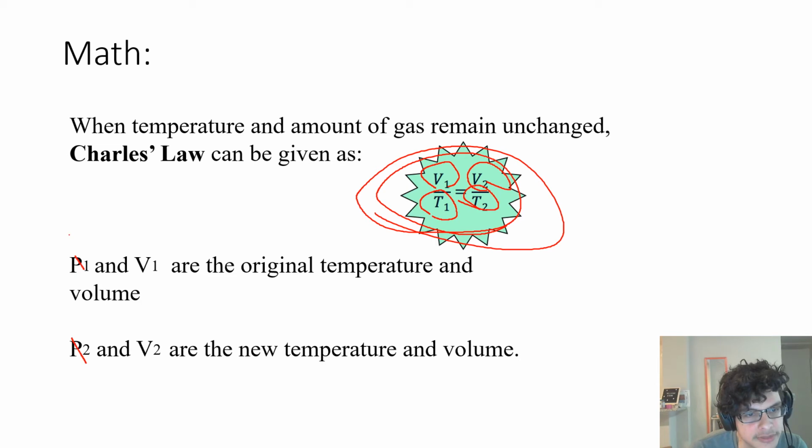Sorry, these are supposed to be temperature and volume. So for example, V1 is the initial volume, V2 is the final volume, T1 is the initial temperature, T2 is the final temperature. You can just plug numbers in and solve for what you have unknown, and you can easily find the answer that you're looking for using algebra.